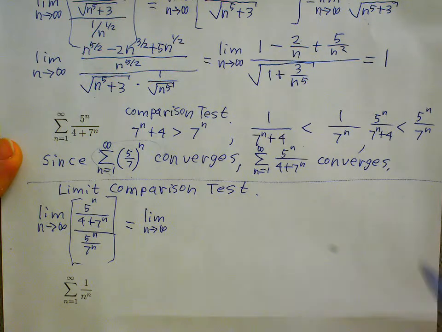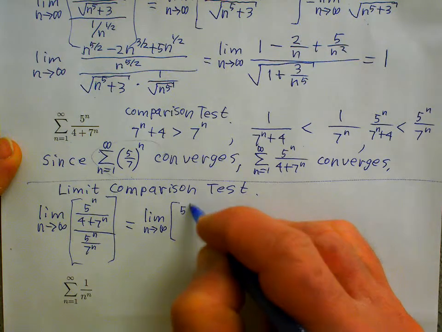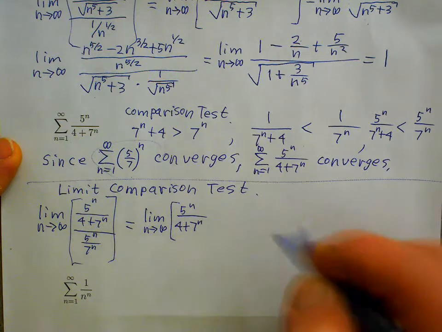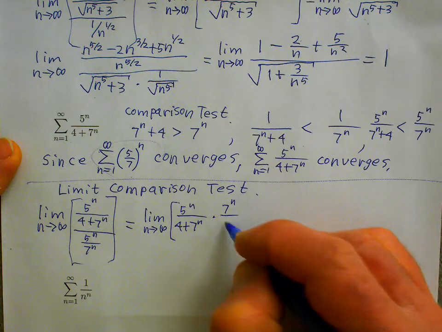Simplify that ratio of quotients. So this will be 5 to the n over 4 plus 7 to the n times 7 to the n over 5 to the n.